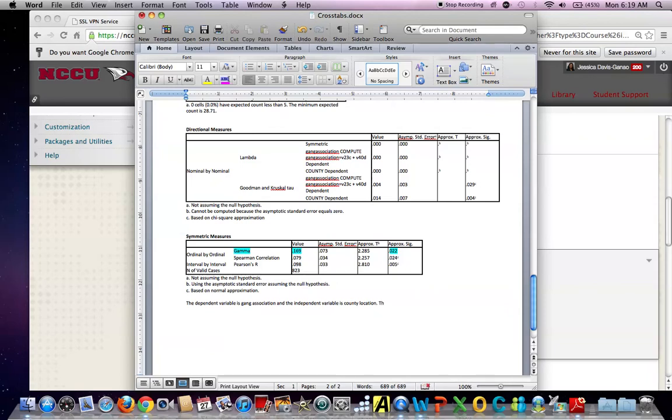This relationship shows a positive weak association. Again, we're looking at our gamma value, which is 0.169, so it's below 0.20, which I told you would indicate a weak relationship. We know that it's positive because the value is actually a positive value.